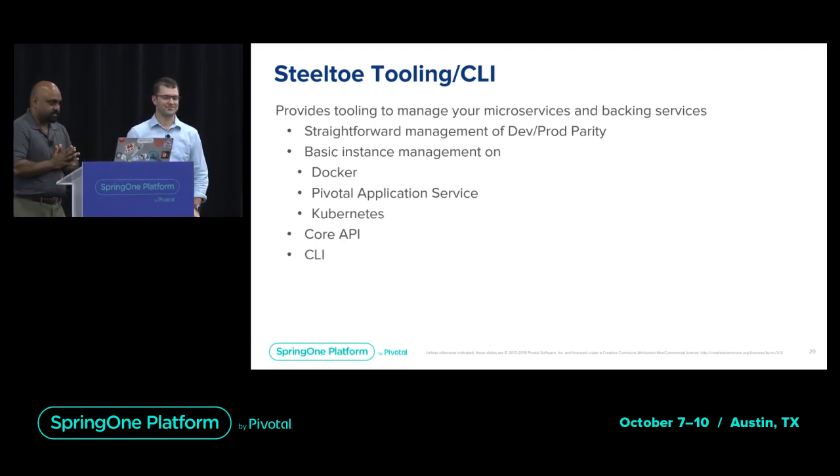That brings us to Steeltoe Tooling. Not to be confused with the .NET CLI and the things you've seen now, we also have another CLI experience as the Steeltoe team to make it easy to manage your apps. And the vision we have is straightforward management of what we call dev prod parity, which means you have your app and you push the same app into a different environment, and the tooling takes care of everything for you.